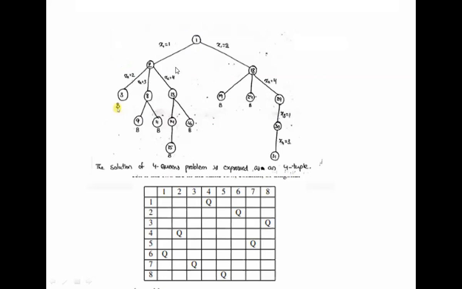Here B indicates the bounding function. Here we do not hit the bounding function for 2, 4, 1, 3.